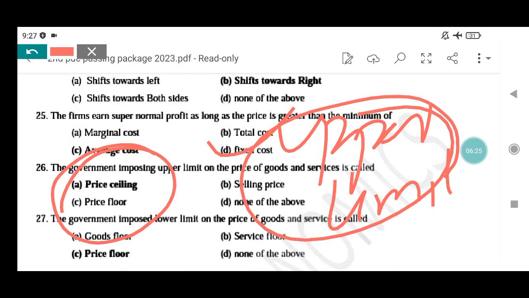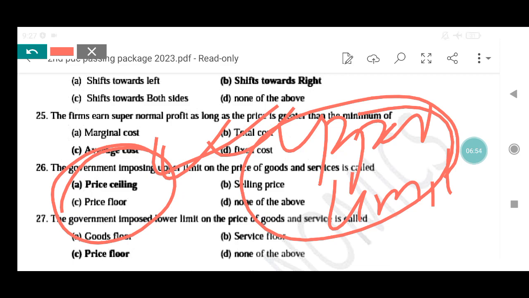The question is how the government can sell these products. These products can be sold by the government at a price shop. That indicates a price ceiling. Government imposing an upper limit is considered a price ceiling.